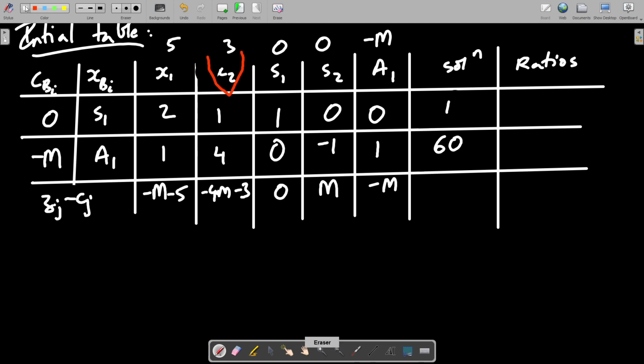Now what about the ratios? Take the ratios here, 1 upon 1, and this is 60 by 4, so this will give me 1 and this will give me 15. So outgoing becomes this one. Pivotal becomes this one. Okay, so let us continue.